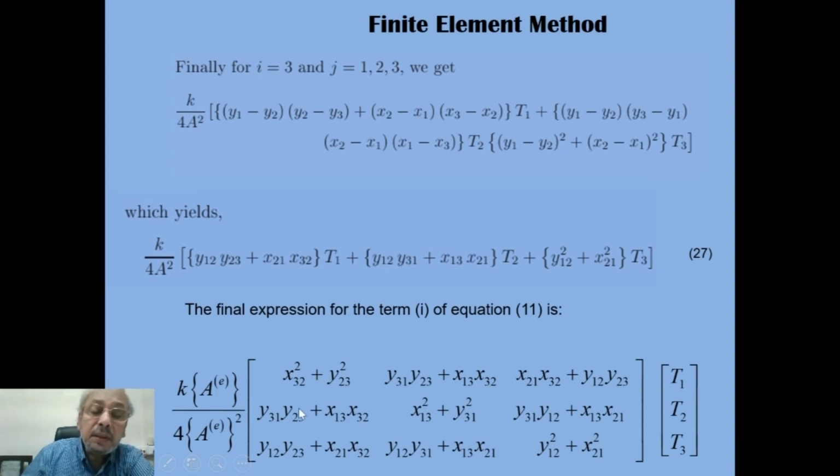So these are all 9 terms of the matrix into T1, T2, T3. So we get the complete evaluation of the first term of equation 11.